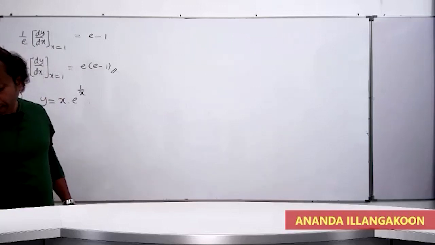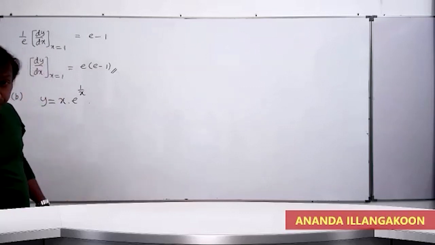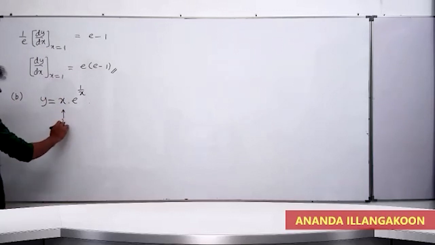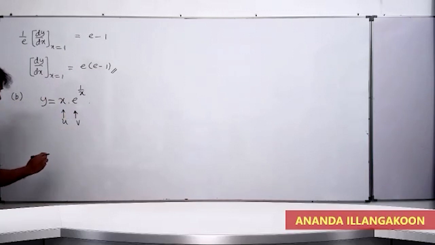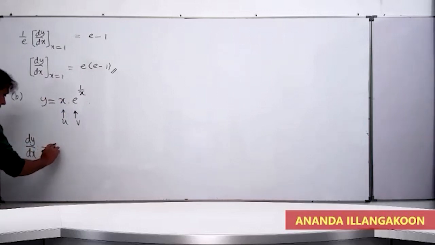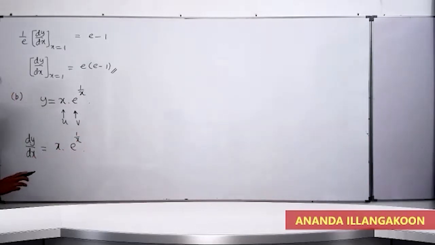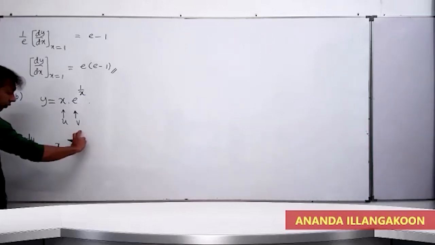Right, now this one. Again here we can apply this u into v form. Then we can write dy by dx. Keep this u the same. We have to differentiate this e to the power something. When we differentiate, first we get the same thing, then that should be multiplied by the derivative of the power, 1 upon x.